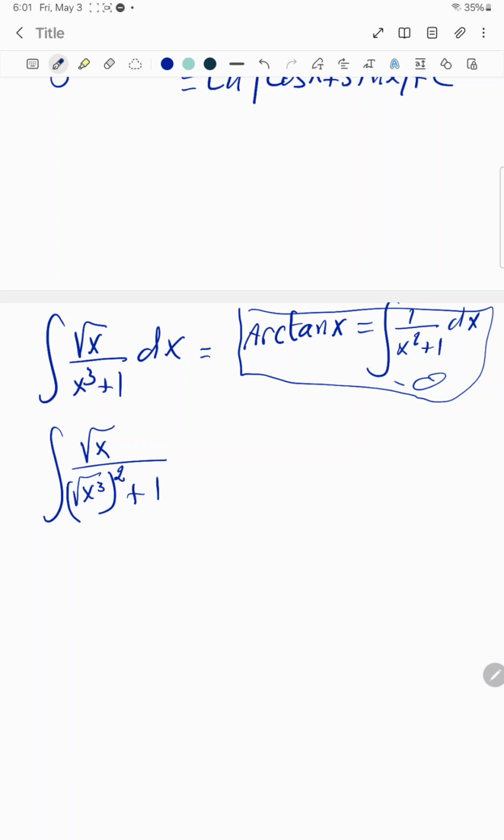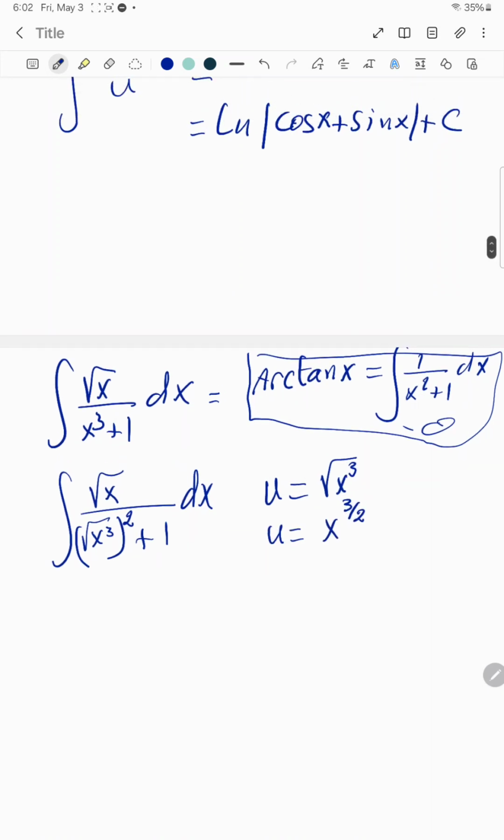And I know that square root of x to the power of 3, to the power of 2, is x to the power of 3, dx. And now I say let u equal square root of x to the power of 3. So u is equal to x to the power 3 over 2.